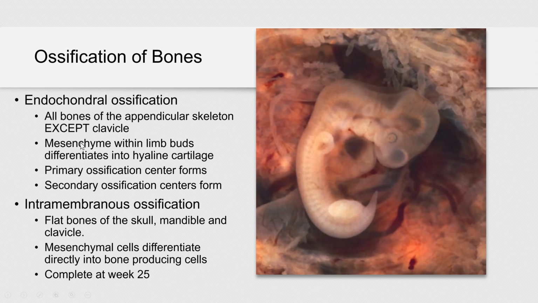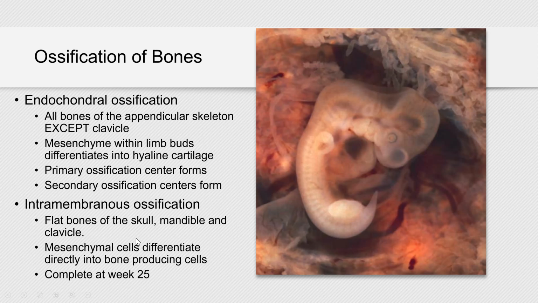Now, actually, everything begins with mesenchymal cells. So mesenchymal cells are stem cells, and they will differentiate either into hyaline cartilage, right? And then from this hyaline cartilage, we will form primary and secondary ossification centers and bones.